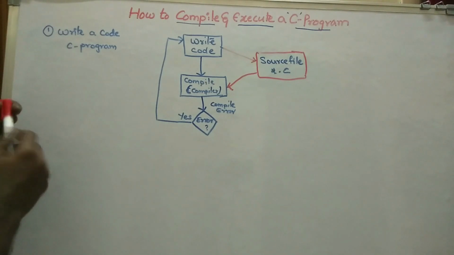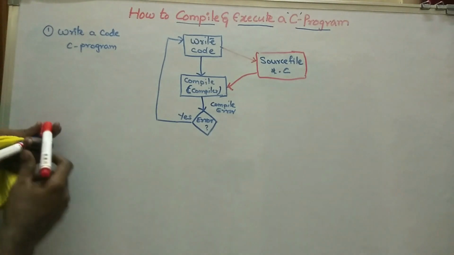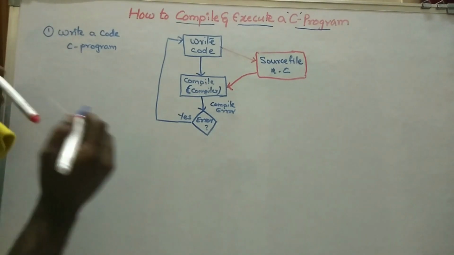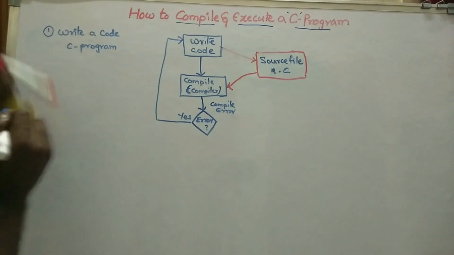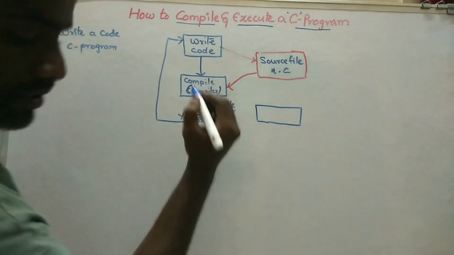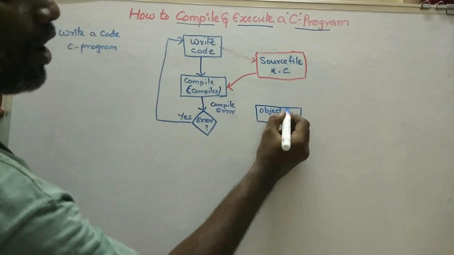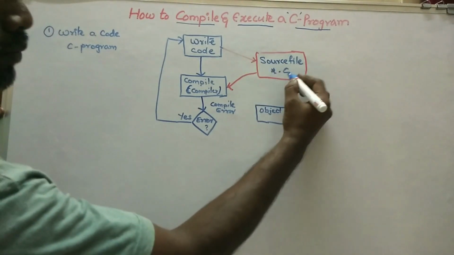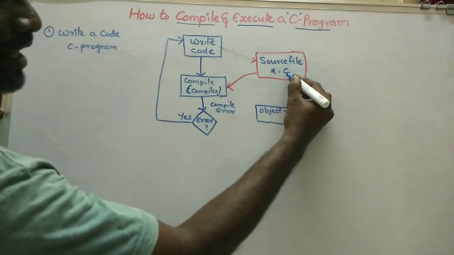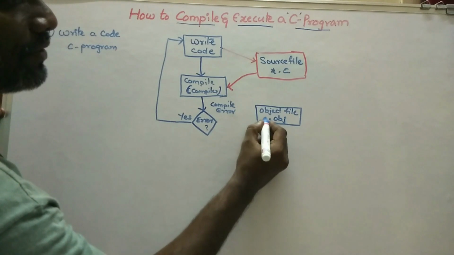what is the purpose of compilation here? Mainly two purposes. One is checking for errors, and another is to generate the object file. That means we convert the source file, .c, into an .obj file, that is, the object file.